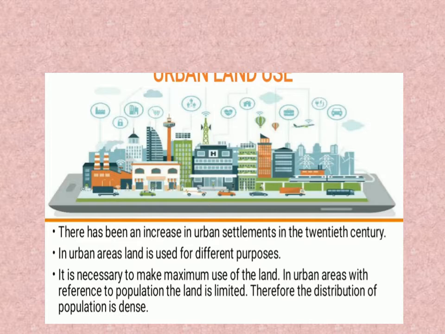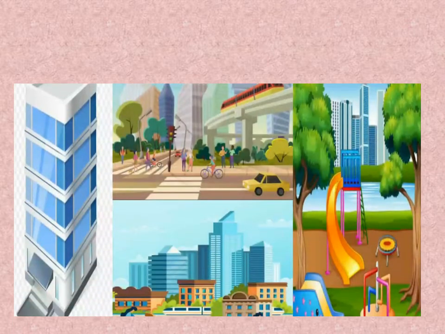Urban land use can be classified into following uses. So, we'll just see what are the classification. Can you see big towers, tower buildings, and open garden area? So this is a residential and open land area.